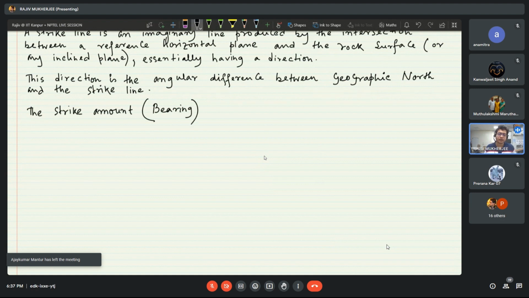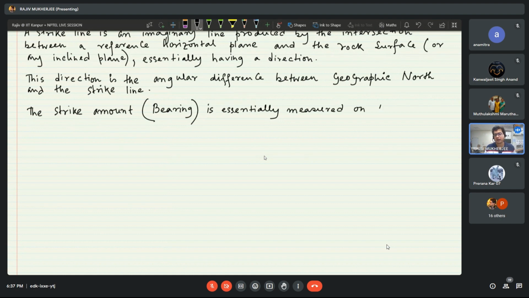The strike amount is essentially measured on the horizontal plane, right?